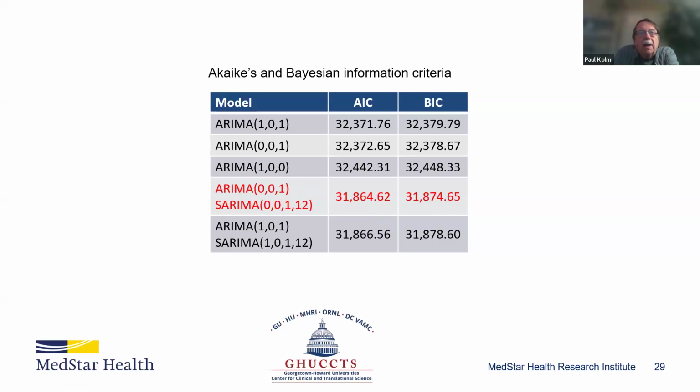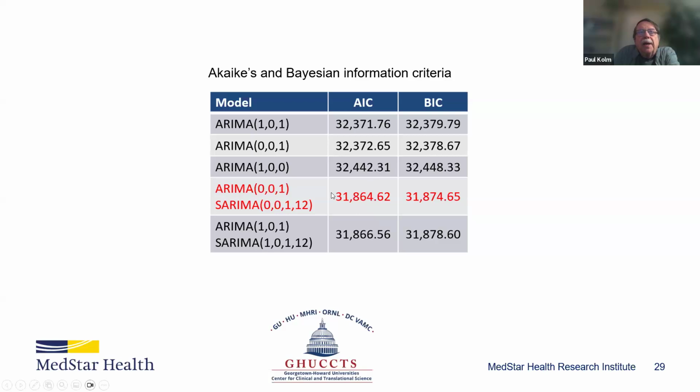Now that's not much different from the one where we include the autoregressive. So the choice between models is probably going to be one of these two because they're clearly smaller than the information criteria for the other models.